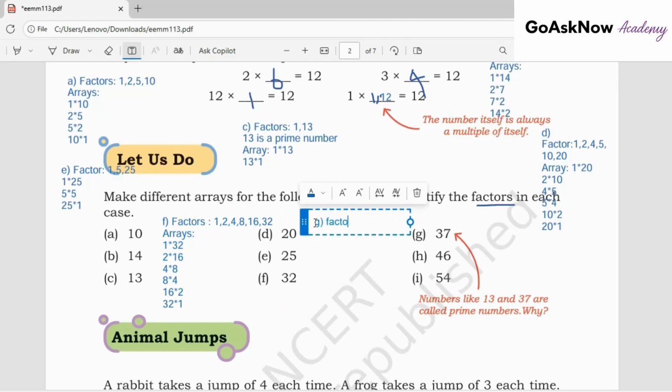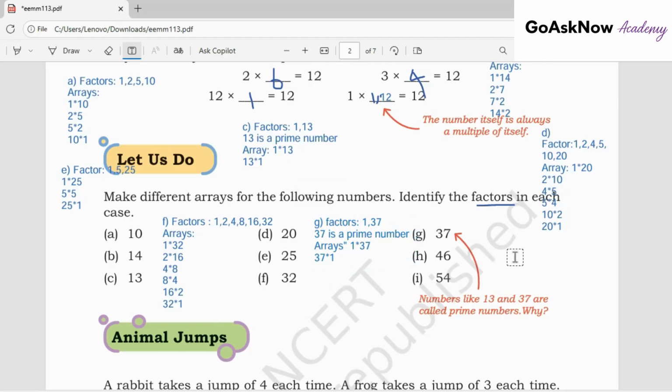Next, G is equal to 37. The factors are 1 and 37. Here there are only two factors, so 37 also is a prime number. The arrays are 1 into 37 and 37 into 1.